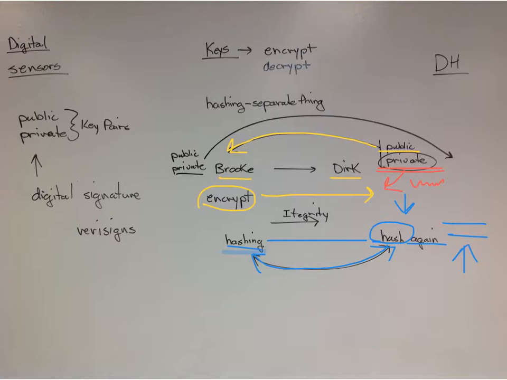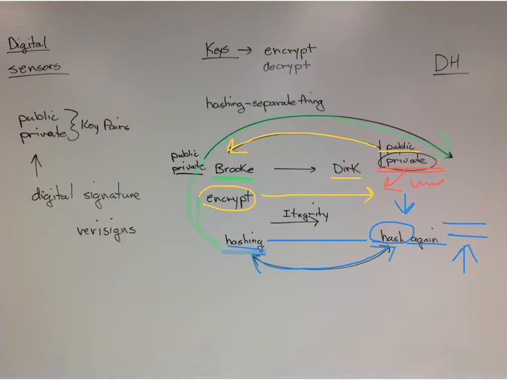Now, the last one. How do we know the message came from Brooke? Brooke can take the hash, actually, of her private key and encrypt the hash and send it over to me.